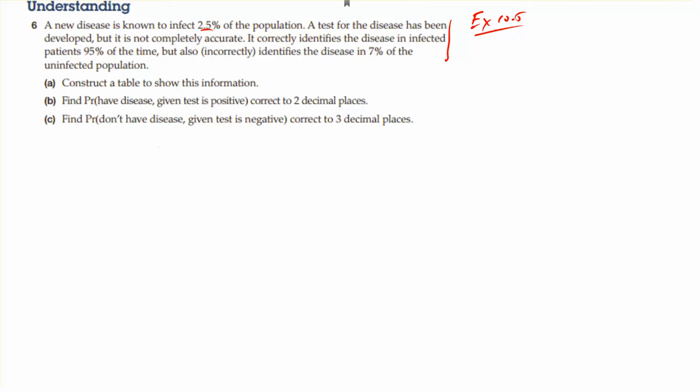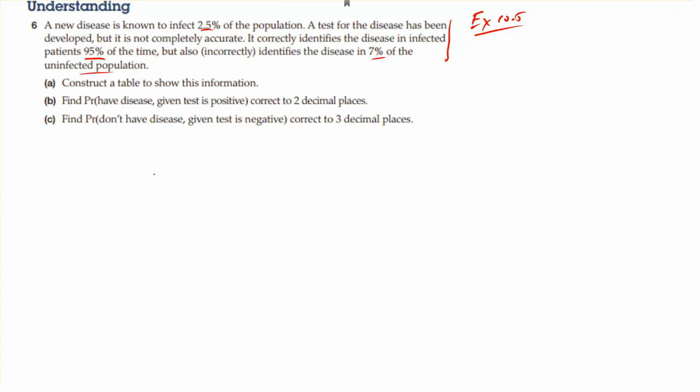Okay, so we know that there's a new disease. It's known to affect 2.5% of the population. A test for the disease has been developed, but it's not completely accurate. It correctly identifies the disease in affected patients 95% of the time, but also incorrectly identifies the disease in 7% of the uninfected population.